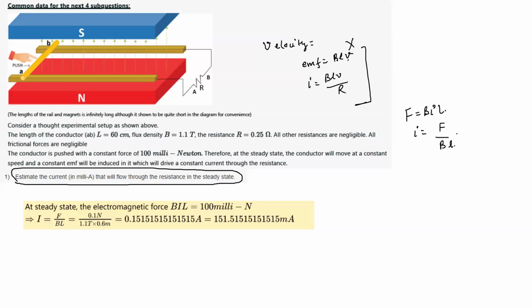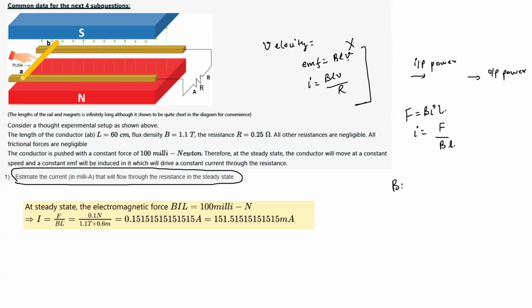So that is why this I, which is generated by this BLV, should also be the same as the force which is input applied, because there are no losses. So input power should be equal to output power, which I initially wrote here, right?